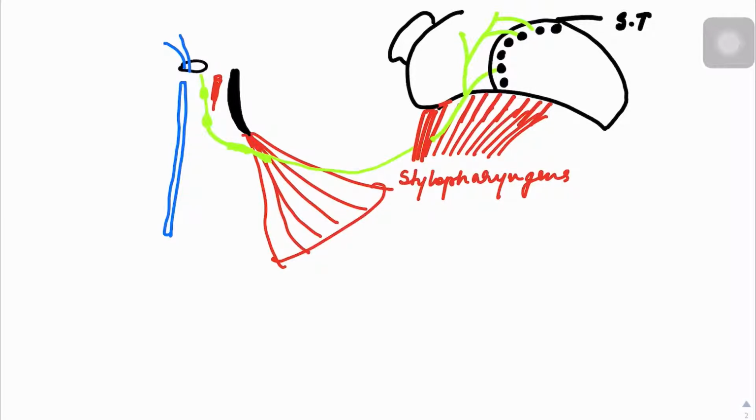So let us say that's my internal carotid artery.